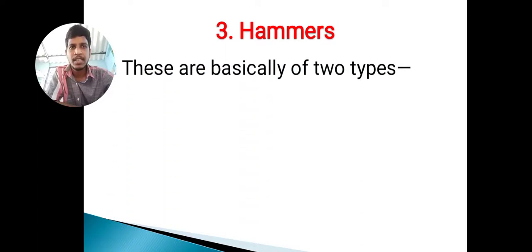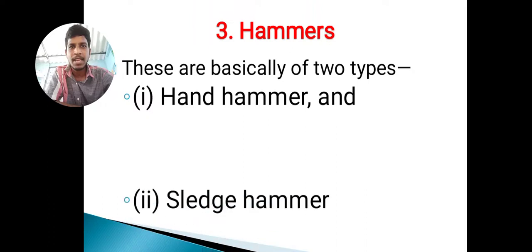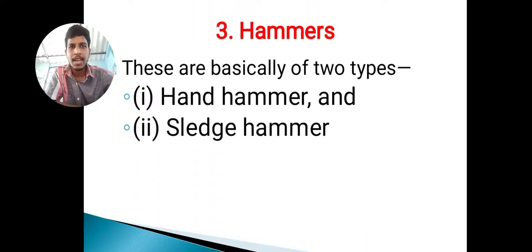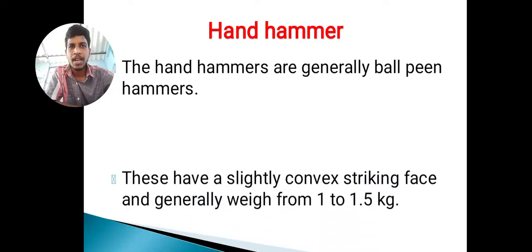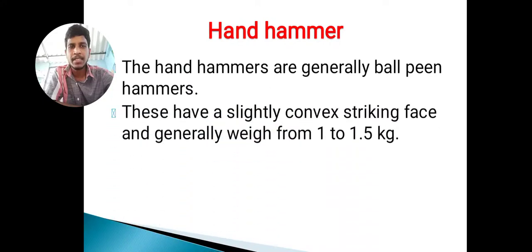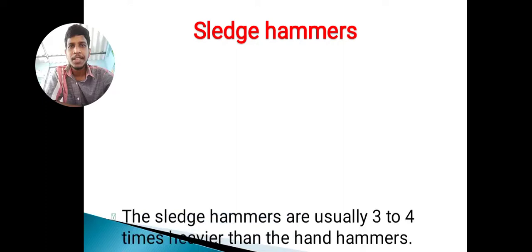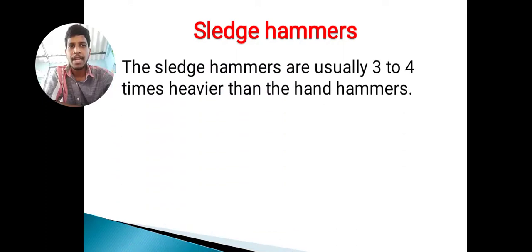Hammers, we have already seen in daily life: hand hammers and sledge hammers. The weight of a hand hammer is 1 to 1.5 kg, and we use it in daily life operations. Coming to the sledge hammer, it is 3 to 4 times the hand hammer.